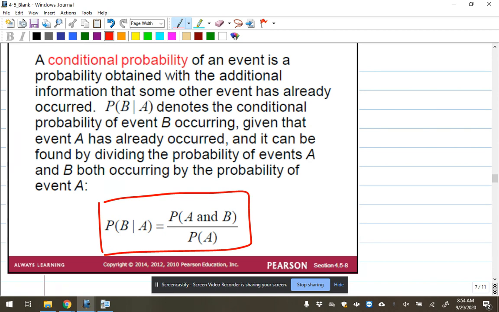All right, so here's the formula. What do we know about just the top part, the probability of A and B? What could that be? It's a multiplication rule. Could A and B be dependent? Could they be independent? It could be either of those.